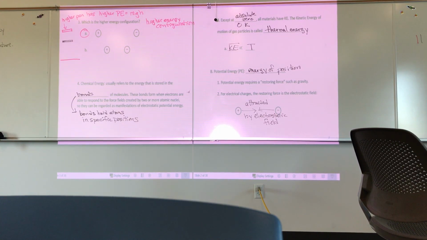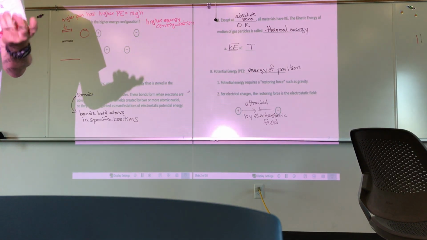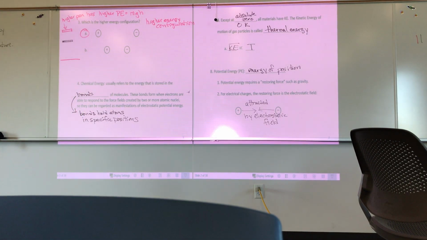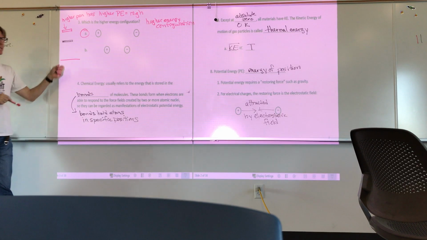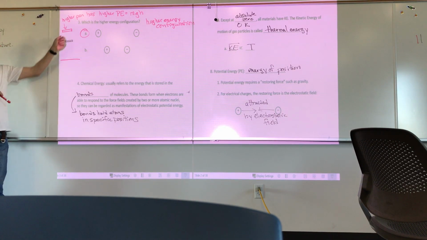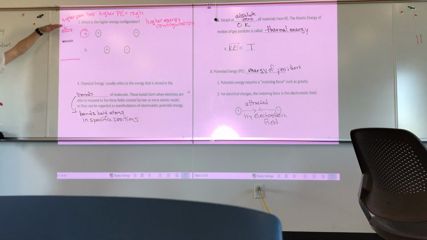As those bonds break and are remade, those positions change. We should expect changes in potential energy. Any questions about this? So, a couple levels of understanding. One is, if they're farther apart, know that they have higher energy. Two is to think of this potential energy picture as well, as to how that makes sense.